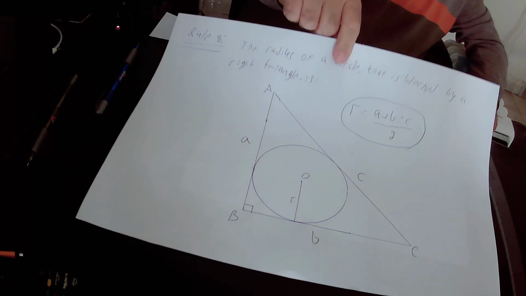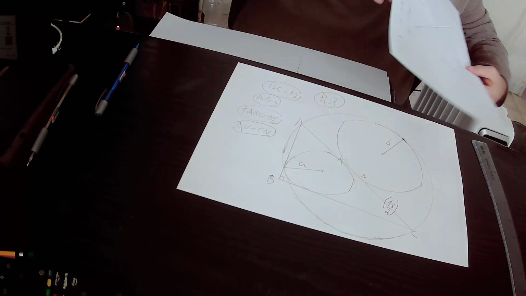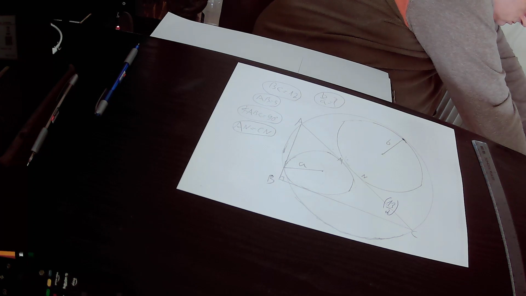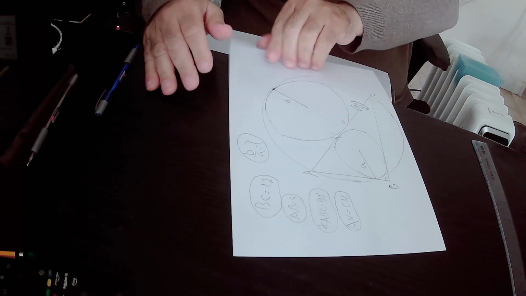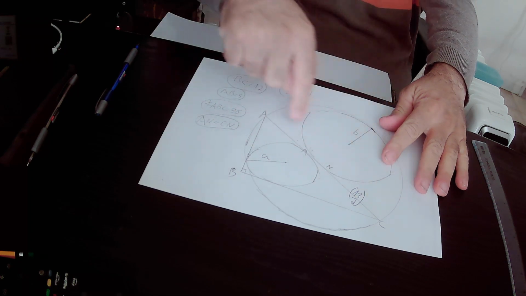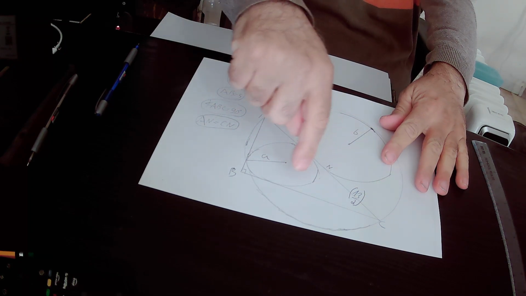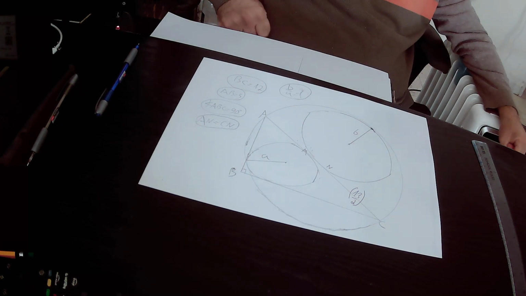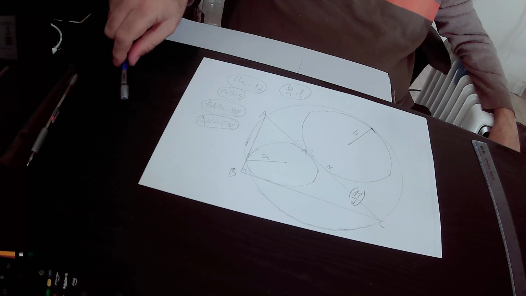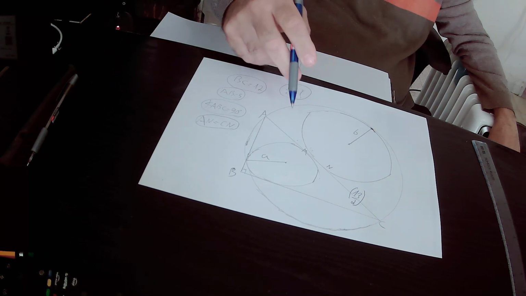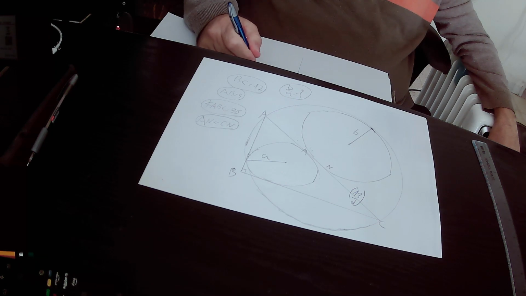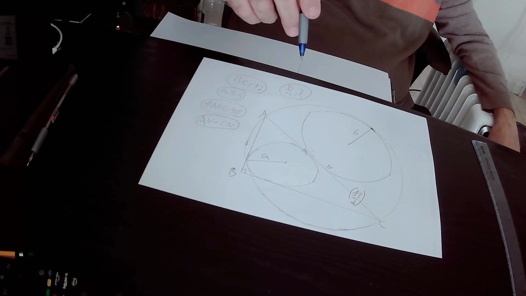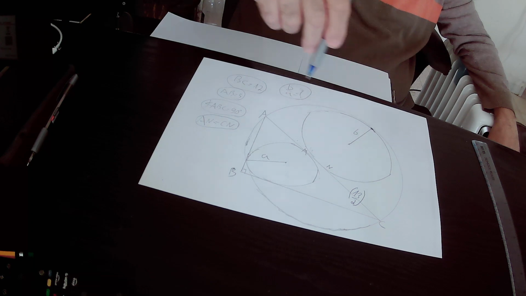Why? Because in our drawing the right triangle ABC blocks this circle. The radius of this circle is A. So according to rule number 8, the radius A will be equal to AB plus BC minus AC over 2.